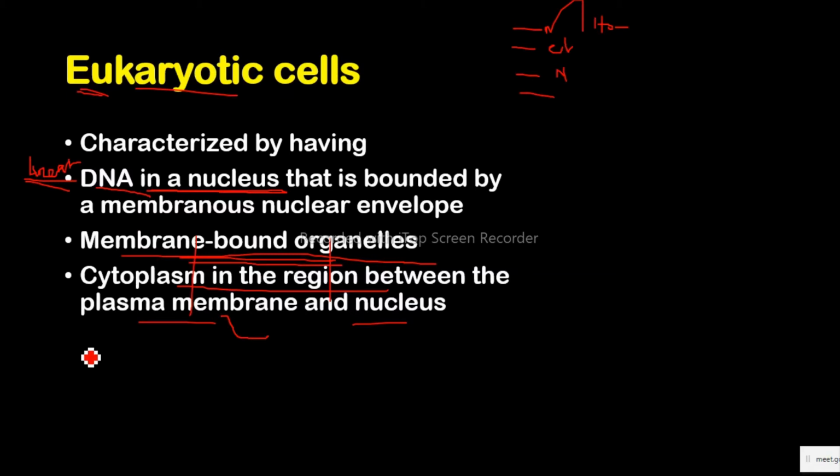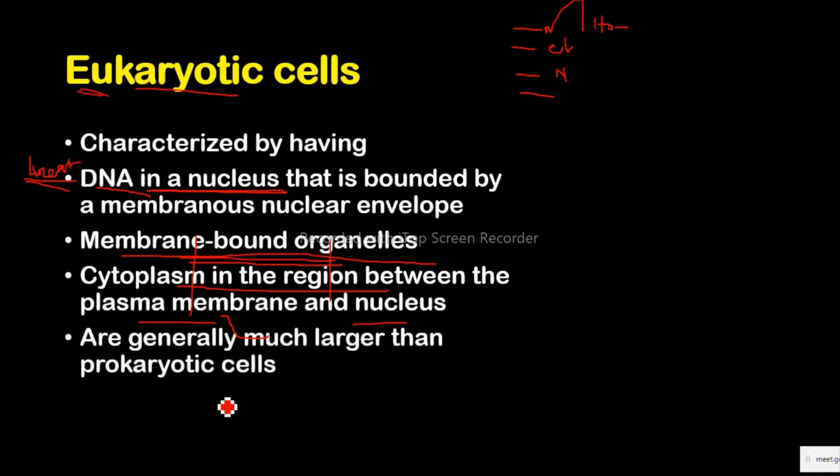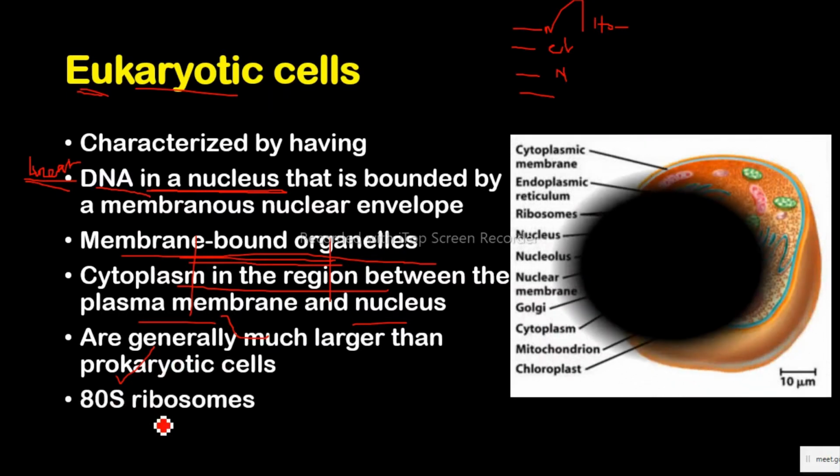Eukaryotic cells are generally much larger than prokaryotic cells. So if you compare sizes, these ones have large sizes compared to prokaryotic cells. Then 80S ribosomes, I talked about this.